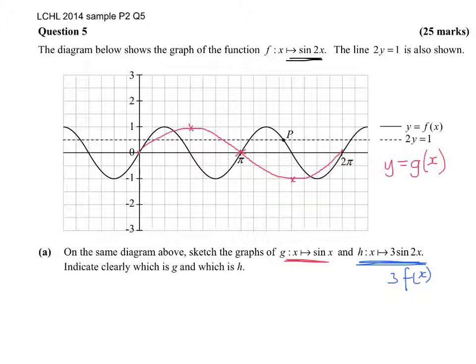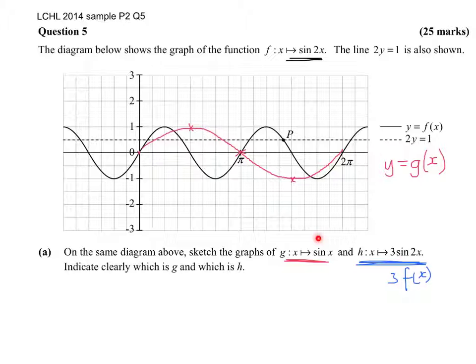So if we just stretch each of those points out, we're talking about each point here being moved up a multiple of 3. This point here, multiple of 3. This point here, multiple of 3 up. This point here, a multiple of 3 down.